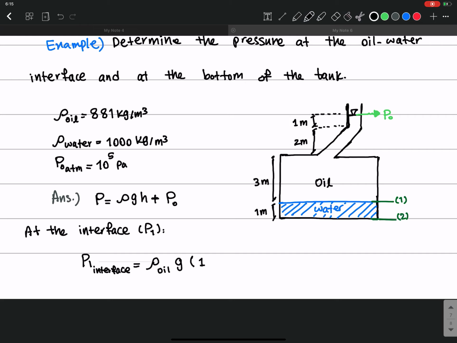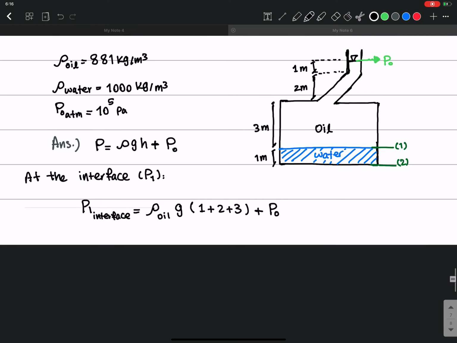So it's going to be 1 plus 2 plus 3, and then this plus the atmospheric pressure, which is P0 or P naught. Okay, so this is going to be the pressure at the interface.